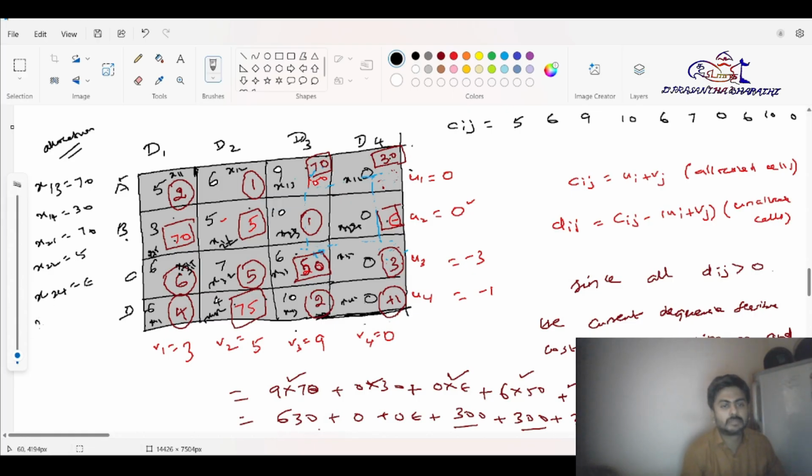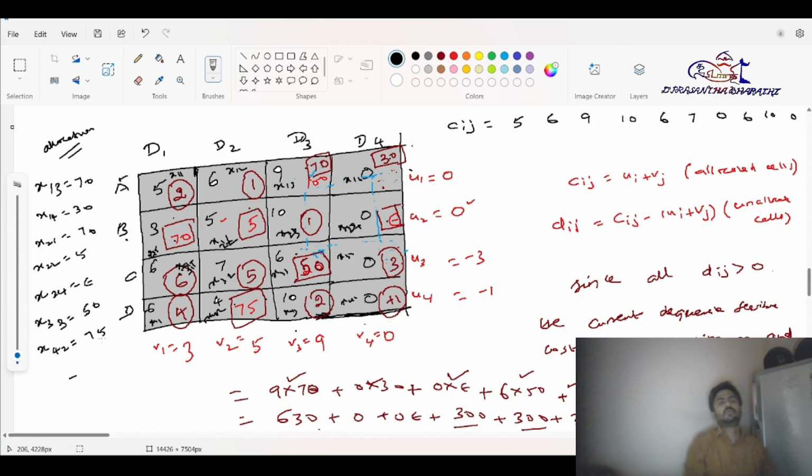Then x33 equal to 50. Then x42 equal to 75. Okay, the number of allocations is 1 2 3 4 5 6 7. These are the allocations.